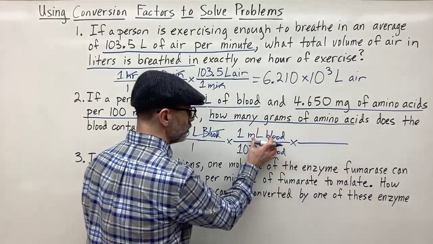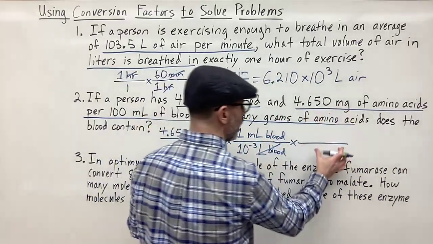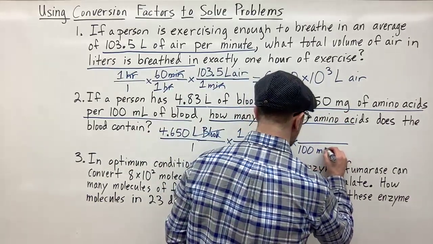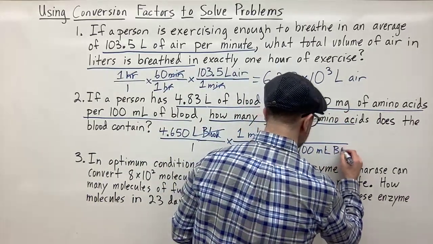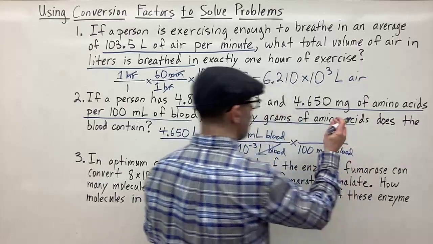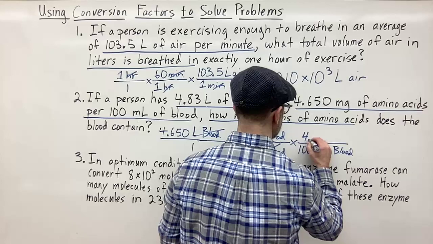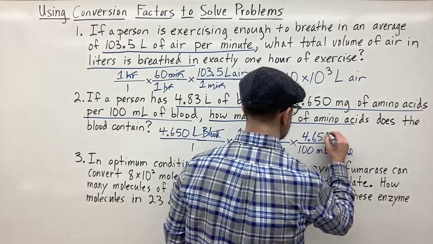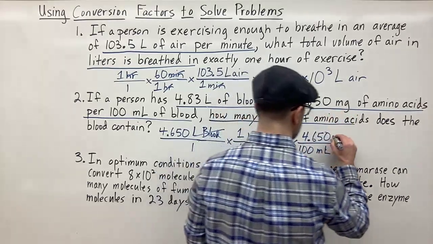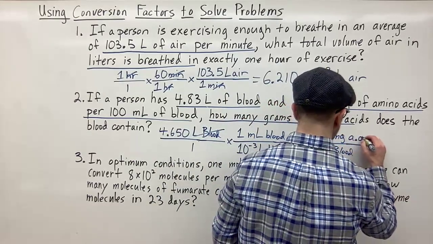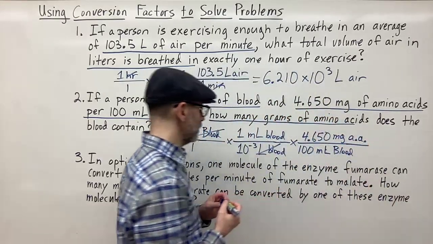Since I have milliliters of blood on the top, I'm going to put 100 milliliters of blood on the bottom, and I'm going to put the 4.650 milligrams of amino acids on top. Again, AA for amino acids.